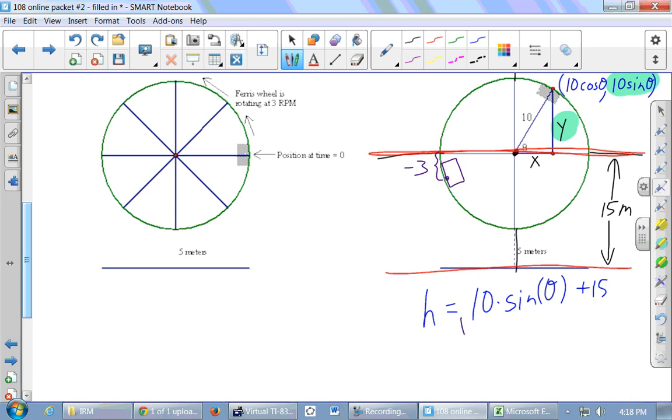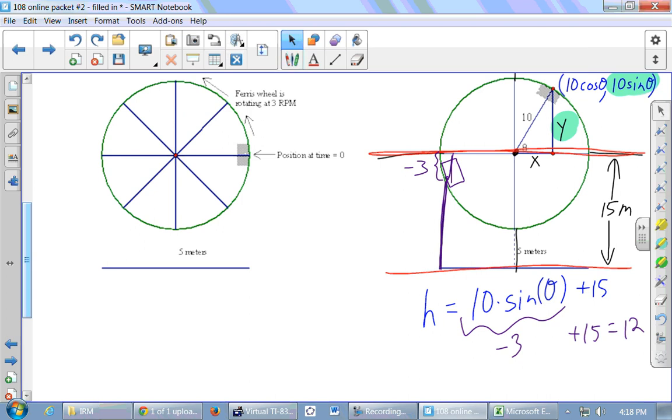If this thing right here is -3, and then you add the 15 to it, we get 12. Would that be the actual height? Would it be 12? Yeah, sure, it would be. It would be 12 meters there because the extra part was 3. So I think we're okay. Even when the y coordinate is negative, I think adding 15 is still the right thing to do.